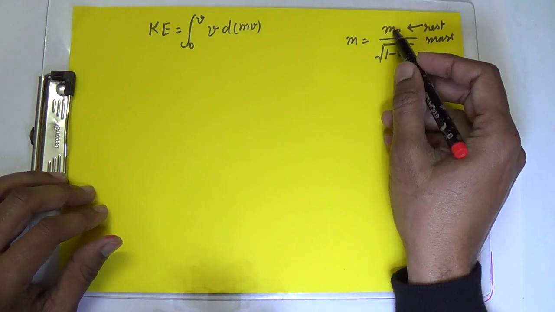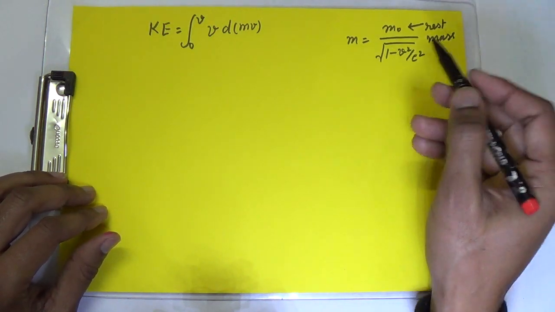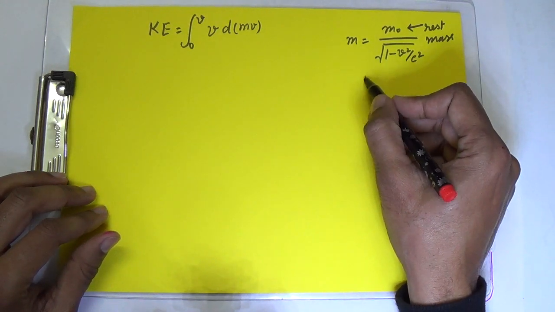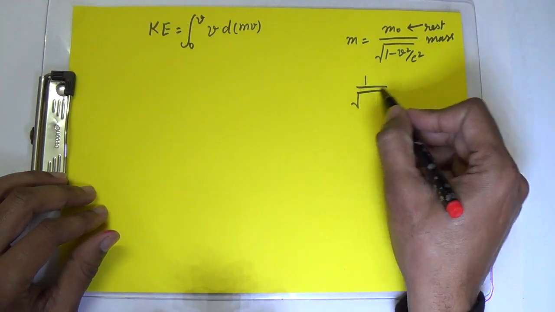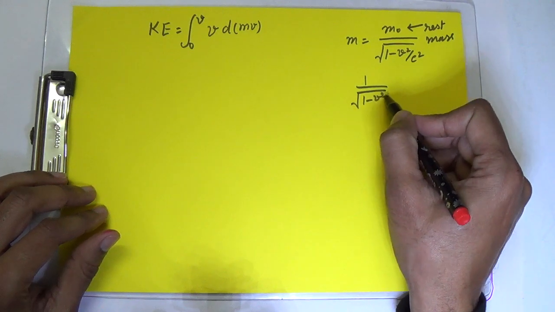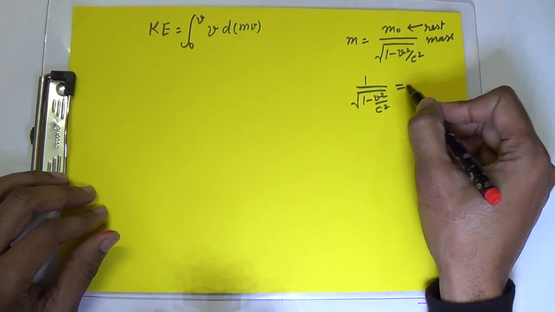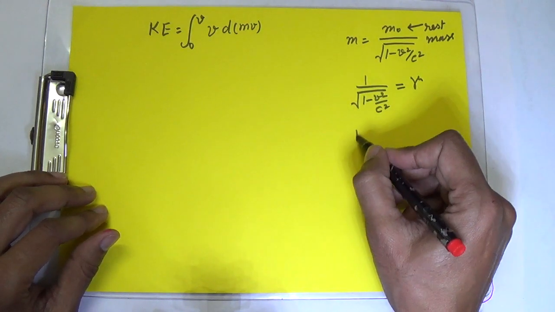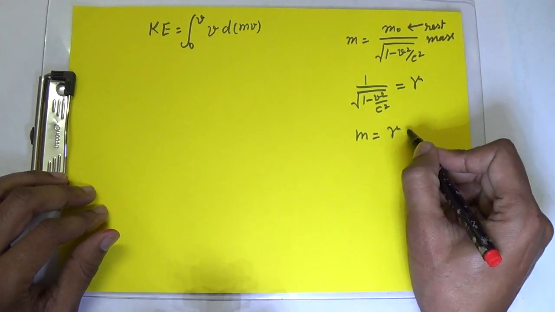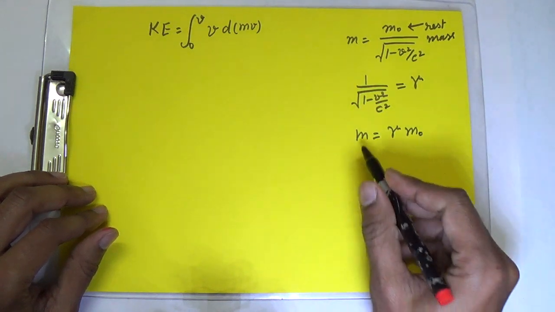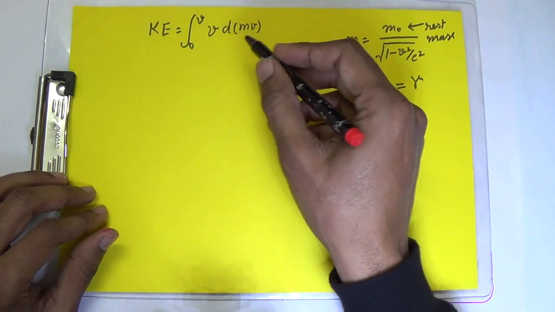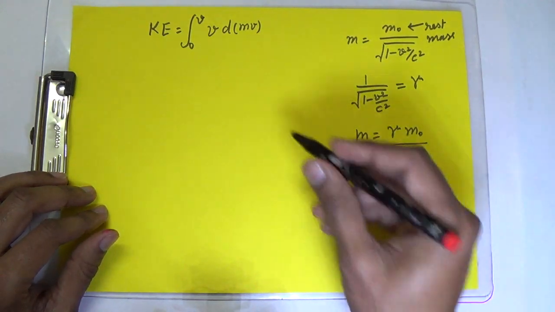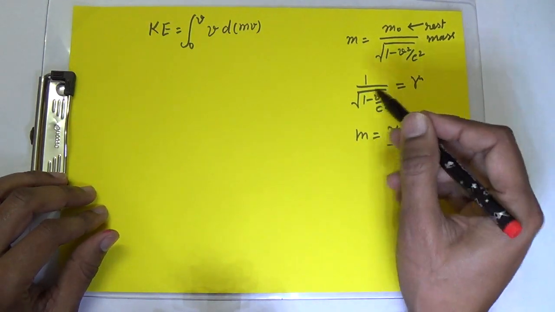Further, this factor 1 upon square root of 1 minus v square upon c square can be written as gamma. So now I can write m is equal to gamma m naught, where gamma is a function of v.